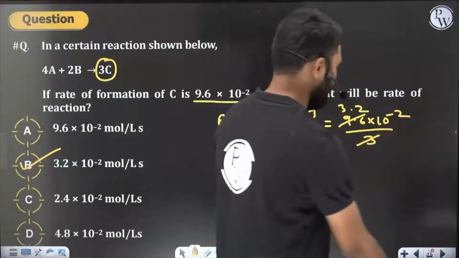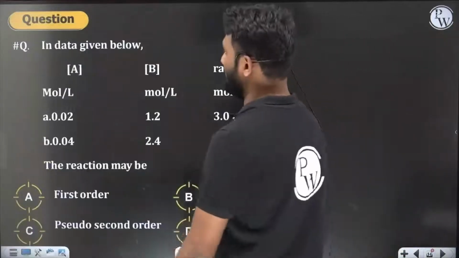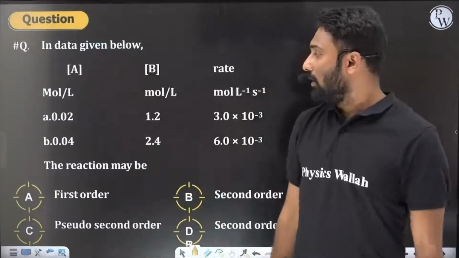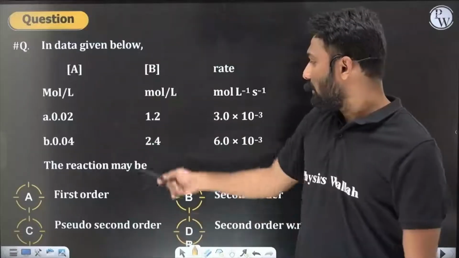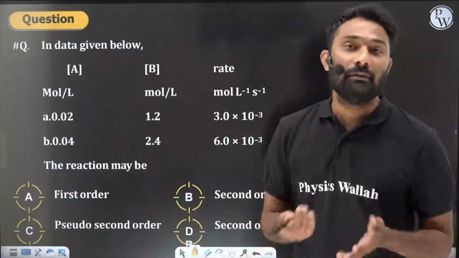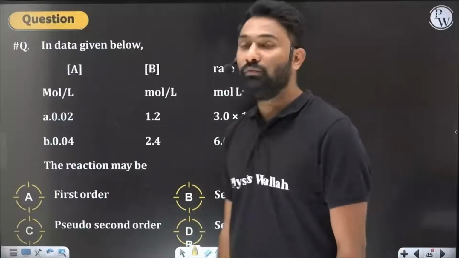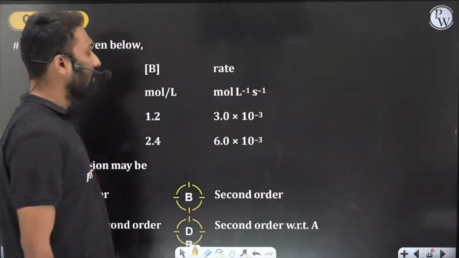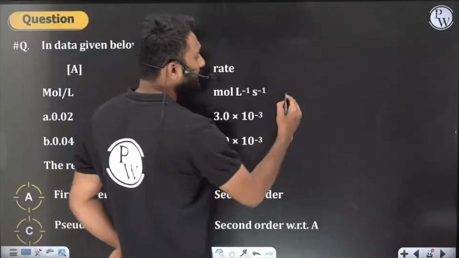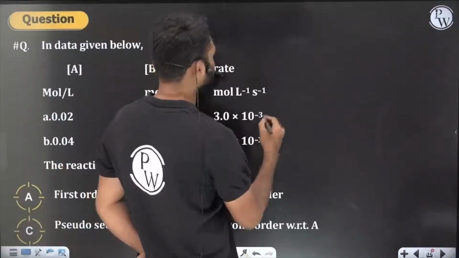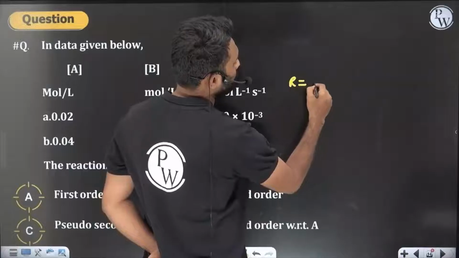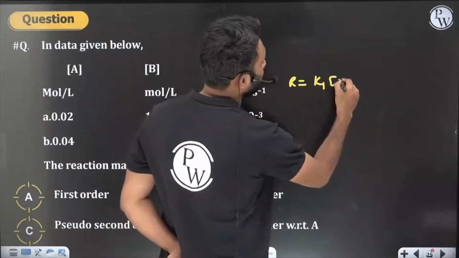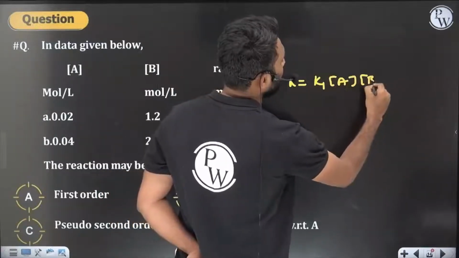Okay. Next question. In the data given below, he has given some data. Now he is asking which order the reaction may be. First for this one, write the rate law. R is equal to K1 concentration of A to the power m, concentration of B to the power n.